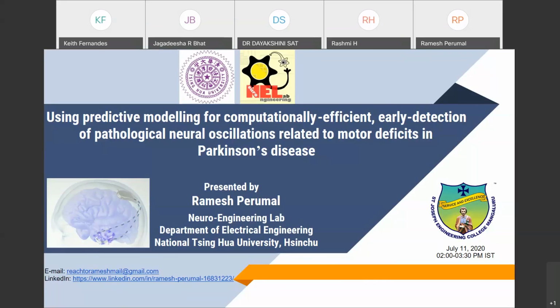Let me start my research findings. I'm going to discuss how we can design algorithms for detecting pathological oscillations from the deep neural recordings of the brain. The algorithm concept is very simple, and I'm sure everyone might have come across this topic during their undergraduation or postgraduation.